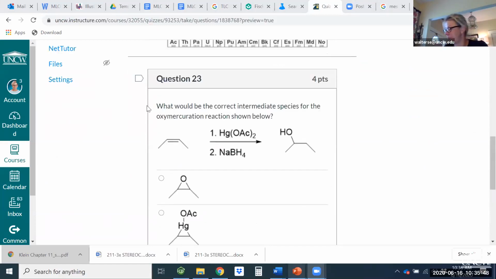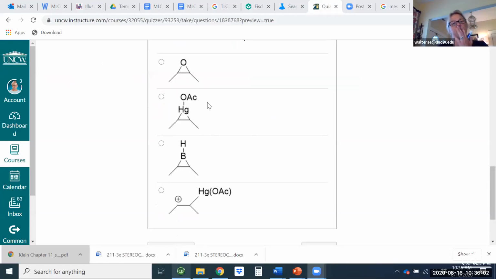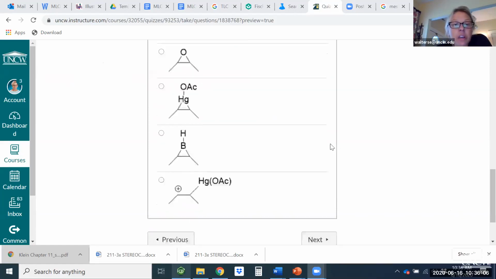I'm going to talk to Dr. Barrios Sosa about that one, because the mercury is making 2 bonds here, and it would have a formal charge of positive. I'll check on that one, number 23.